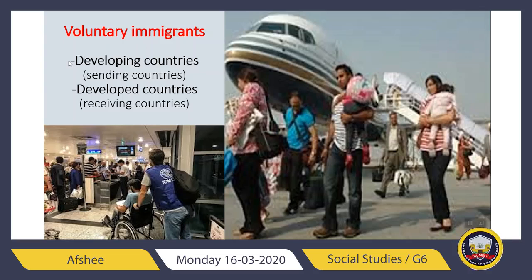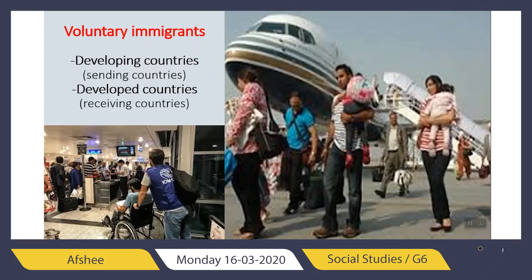Before going ahead, there are two terms you need to understand, developing countries and developed countries. You see the difference, developing and developed, because immigrants usually move from developing countries to developed countries. The developing countries are considered sending countries and developed countries are considered receiving countries. So what happens when immigrants move from developing countries to the developed country? They provide workforce.